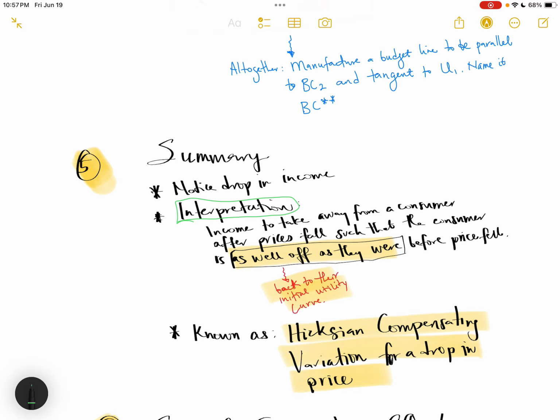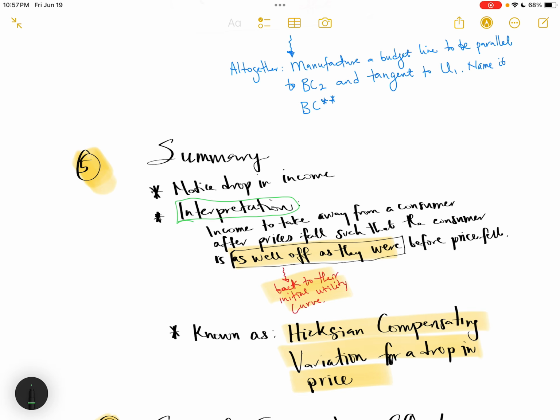Then, the difference between the manufactured budget constraint and the budget constraint due to the hike in price will be the income that we give the consumer for experiencing a hike in price, such that we return the consumer to their initial utility level before the price hike. That will be the opposite of this.